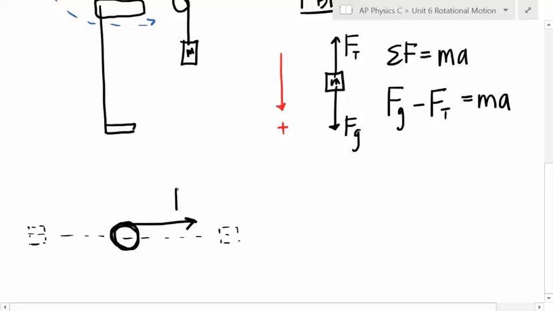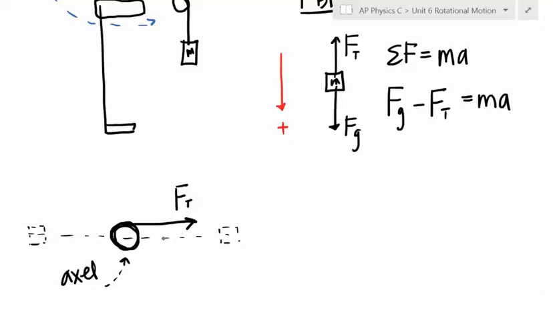So there would be a tension force on that axis, or the axle. So there's my axle. And that force was acting on the axle, but then it was causing it to rotate. So there's this force that starts causing this thing to spin. So let's look at how forces cause something to spin.